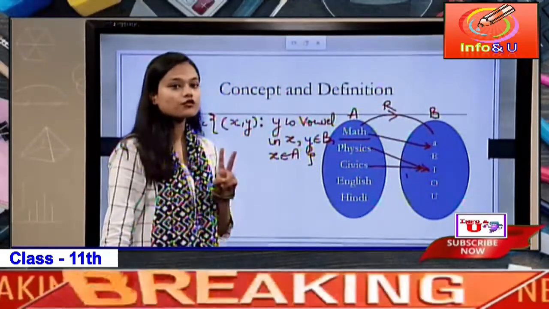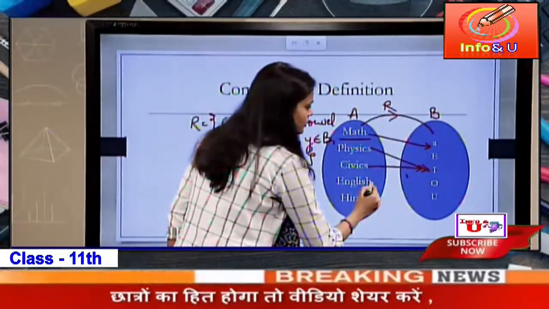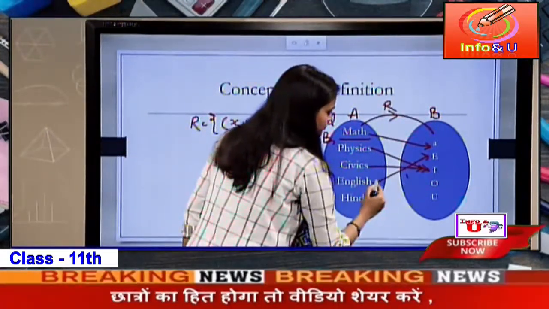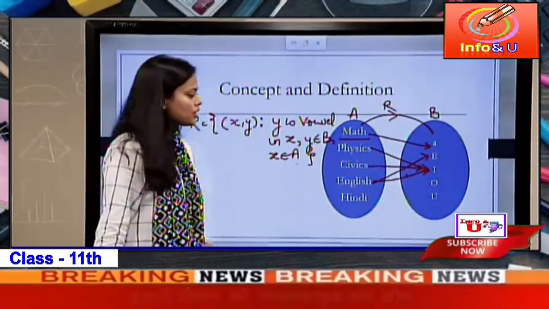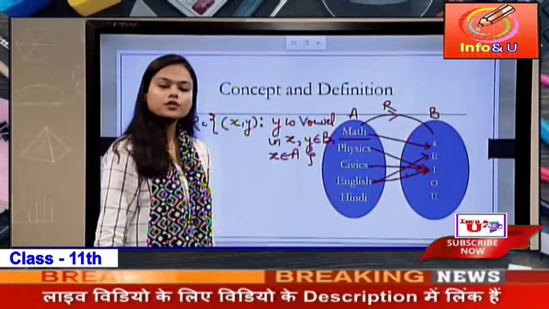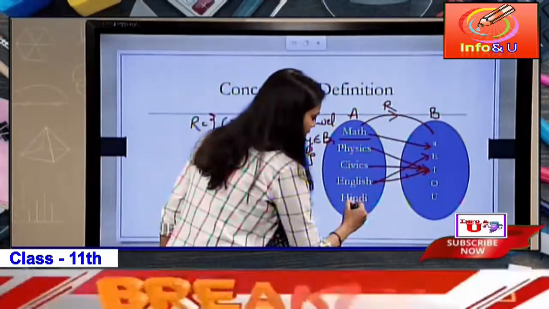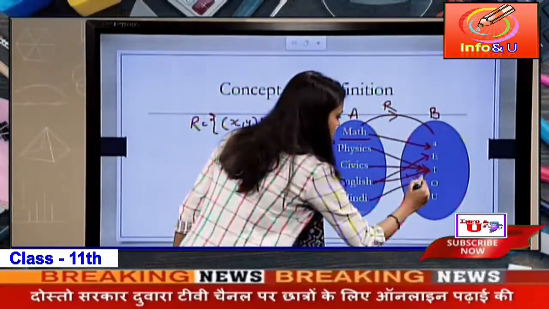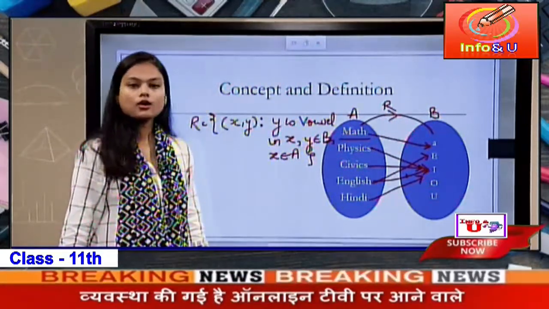English consists of 2 vowels, E and I. So the ordered pairs (English, E) and (English, I) will be there in the set R. And Hindi, again it is related to I. Okay.